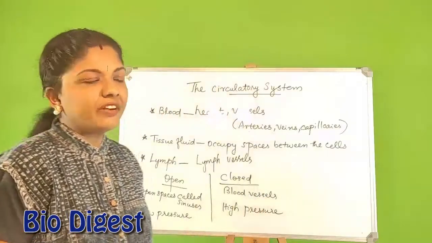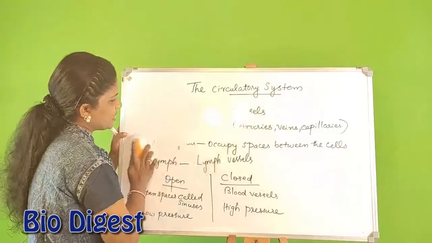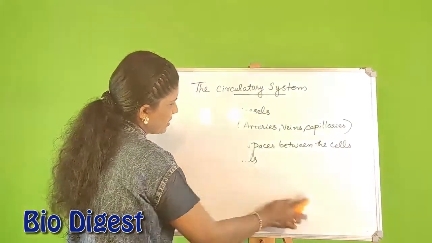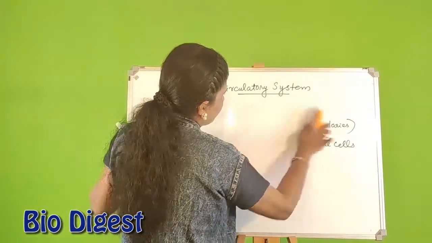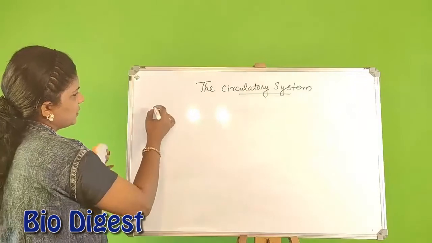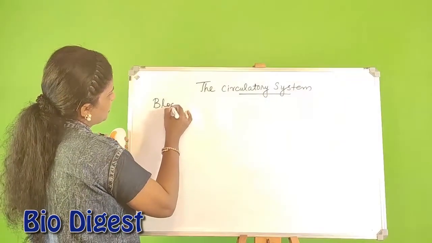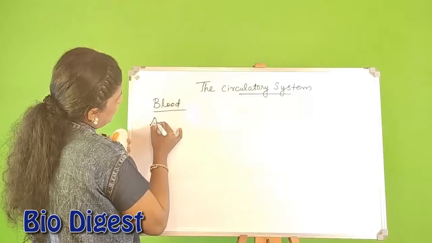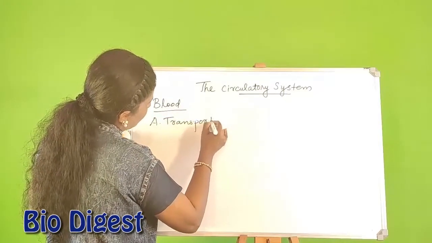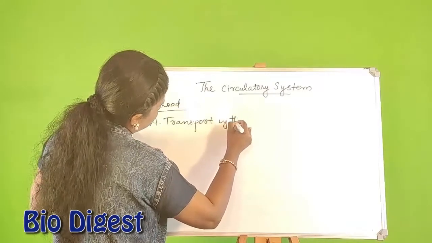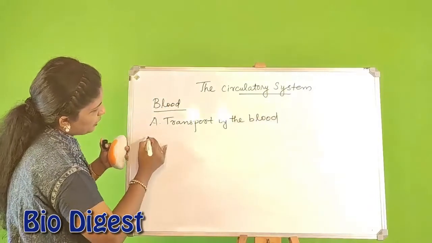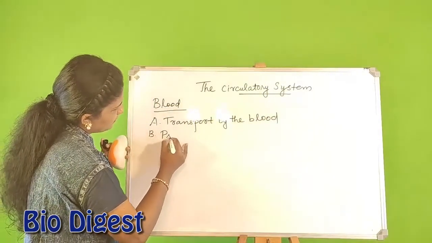We will see the functions carried out by the blood. We can divide them under two headings. One is transport, the other is protection. Functions of blood: one is transport by the blood, and second is protection by the blood.